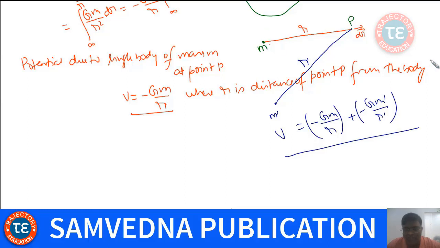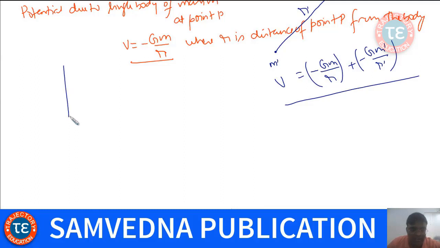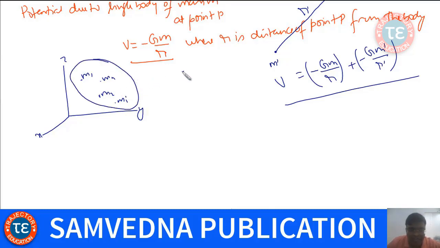If you are given a system of particles, you have two kinds of systems. If I am given a system of discrete particles, say m1, m2, mi, mn, and you want to find the potential at point P due to this system, then you apply the principle of superposition. You find the potential due to m1 at point P, due to m2, due to mi, and due to mn, and just take the sum.